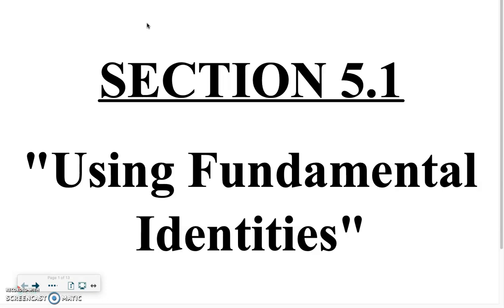Especially, we want you to understand these reciprocal pairs and those reciprocal identities. That's going to be beneficial throughout chapter 4. Even the quotient identities, tangent equaling sine over cosine, and cotangent being cosine over sine, we used those in chapter 4. But the way that I tried to phrase it was, we want to get the information to you, but a lot more to come at a later time.